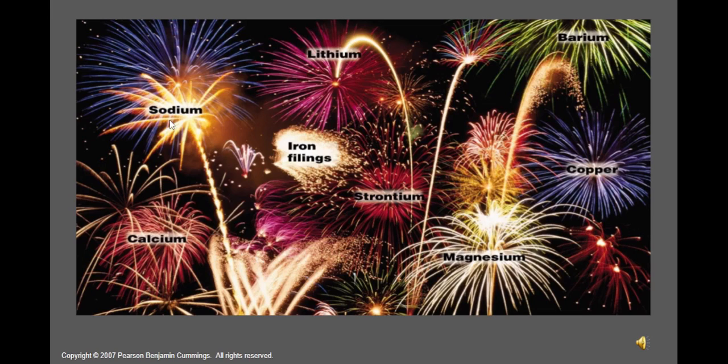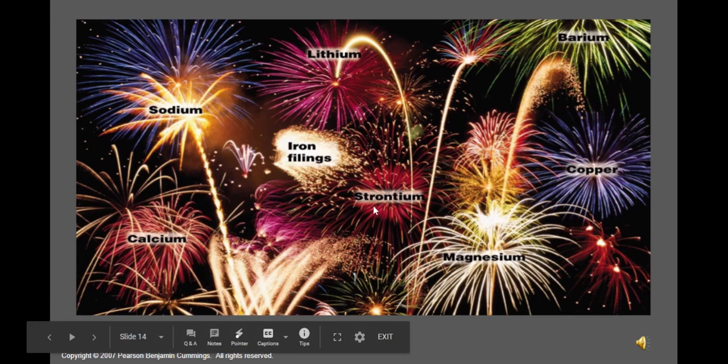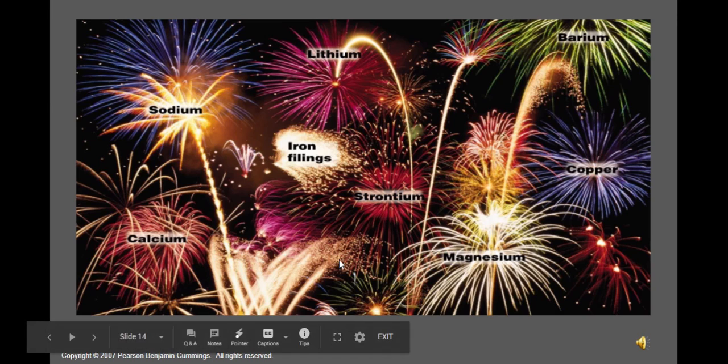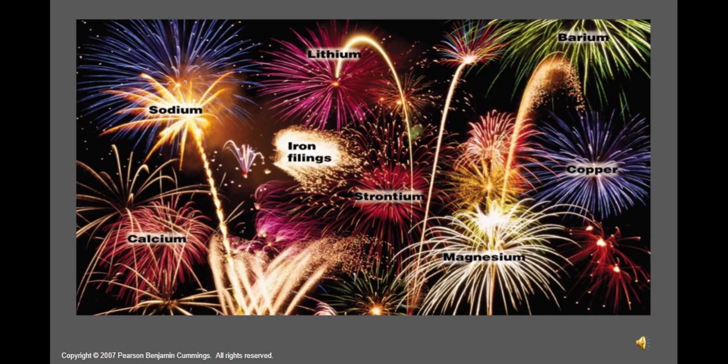So you can kind of see here sodium, that bright yellow, calcium is nice and orange, strontium is red, barium is green, copper's kind of a blue green color. But all those different colors just come from having different elements that give off energy at different colors of light in the fireworks when they are sent up into the air.